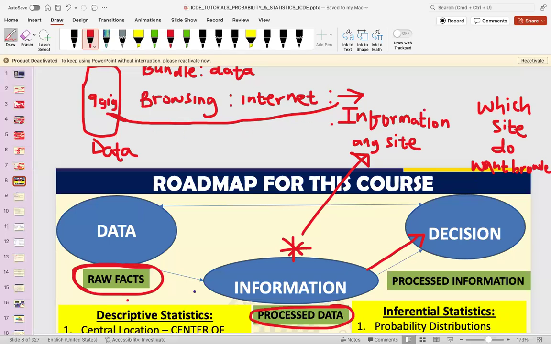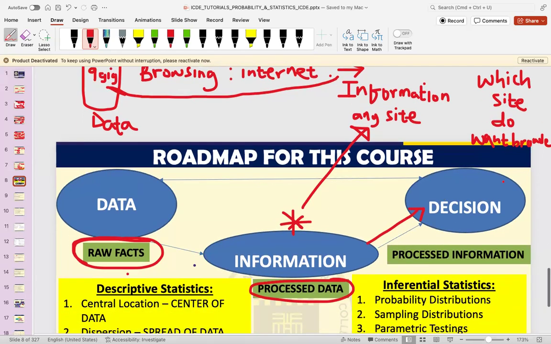So now we can browse the internet, and that ability alone is an information for us that we can browse the internet and we can browse any site we want. But then we can't browse all sites at the same time. So we need to make a decision. And so out of your personal decision, you can pick which site you want to browse. And that is our roadmap.